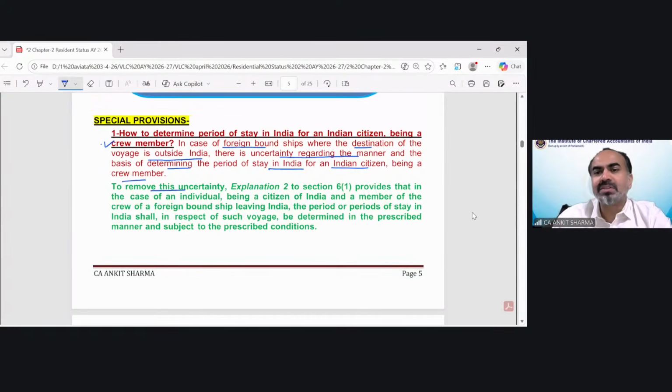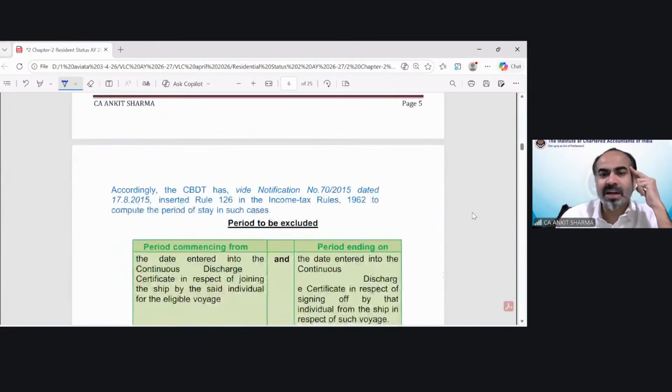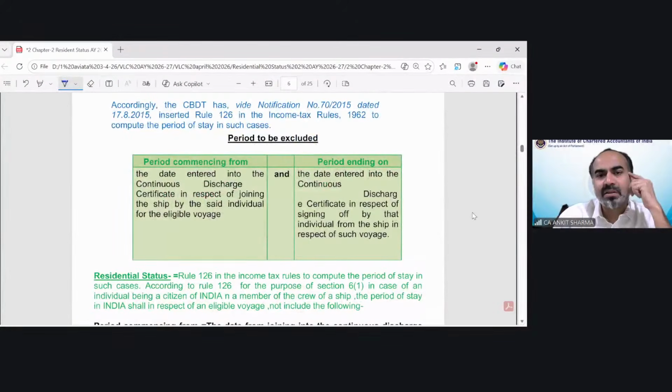To remove this uncertainty, explanation 2 to section 6.1 provides that in the case of an individual being a citizen of India and a member of the crew of a foreign bound ship leaving India, the period of stay in India shall, in respect of such voyage, be determined in the prescribed manner. What is the prescribed manner? Here is the prescribed manner. This I was talking about. Period to be excluded. That means this period will be assumed as outside India.